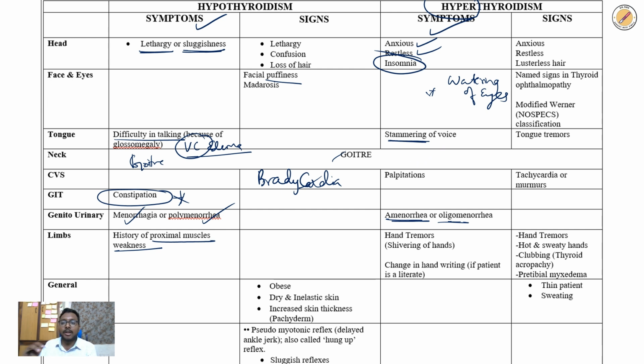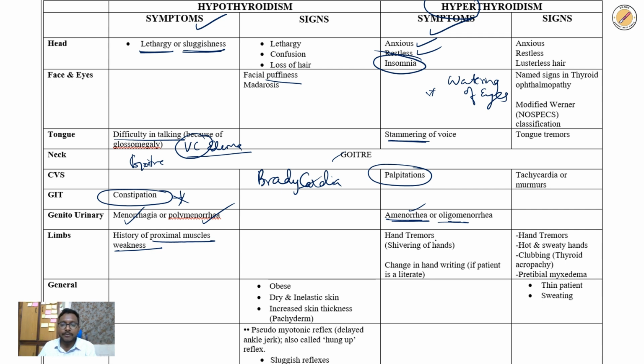And when it comes to CVS there will be palpitations because of the increased heart rate. And just now we have discussed the genitourinary effect of thyroid hormone, so it will be opposite. In hyperthyroidism there will be hypomenorrhea, that is like amenorrhea or oligomenorrhea.